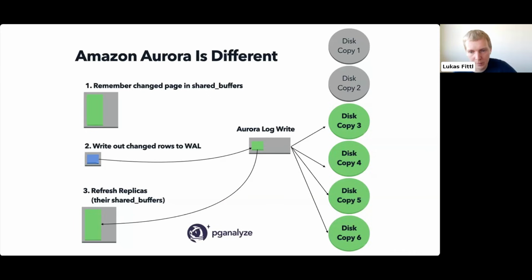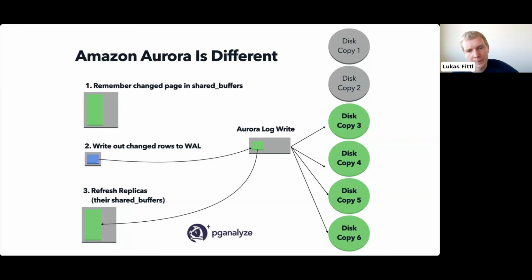And then Aurora has this kind of famous thing where behind the scenes, they're writing out at least 4 copies out of 6 possible copies, and then they return and basically say it's done, right? The reason I mentioned synchronous commit is because it does relate to this background persistence. If you turned off synchronous commit, you wouldn't wait on this log write, basically.